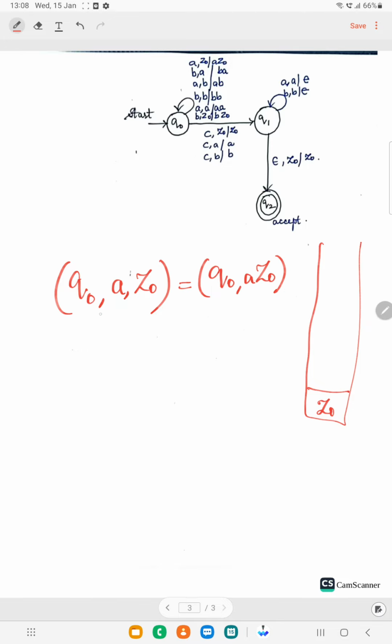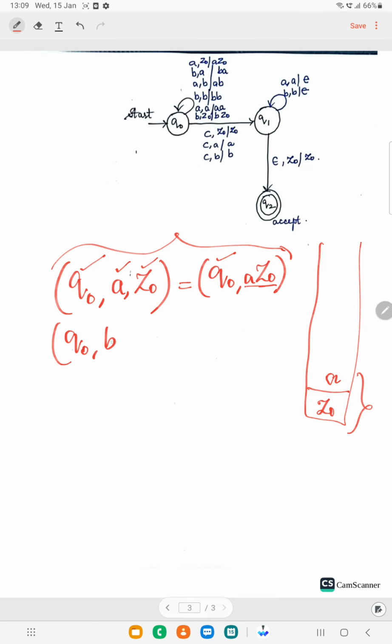This is how we write a transition in PDA: a state, a scanned symbol, what is on the top of the stack, then the state we are moving to, followed by what is on the top of the stack. If a is the scanned symbol, I will move with the top of the stack as a Z naught. Similarly, there is no restriction with respect to b.